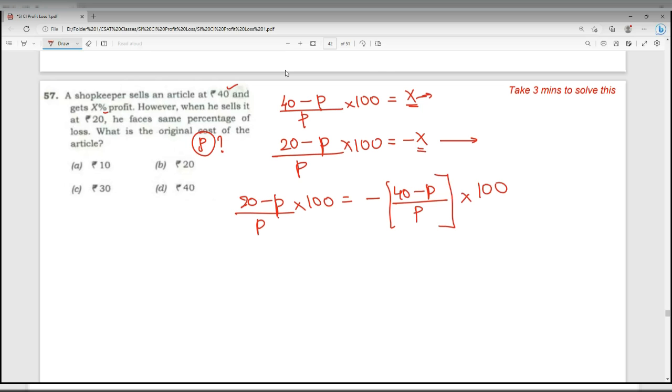Now I would cancel P and P here, 100 and 100 here. So 20 minus P is equal to minus 40 plus P. This 40 would come here, plus 20 is already there. This P will go that side, that becomes 2P, P plus P, positive P and positive P. It is 2P.